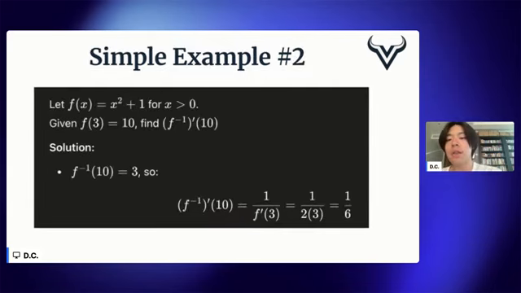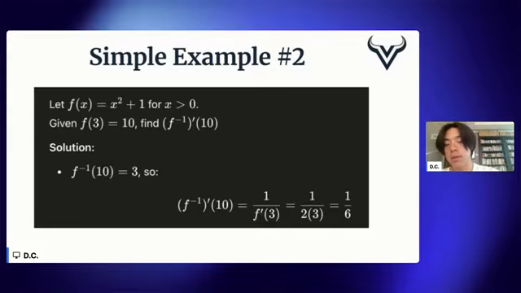Another simple example, where you basically just plug the numbers in. We have f of x is x to the power of 2 plus 1, and f of 3 is 10, and we want the derivative of the inverse of f at 10.